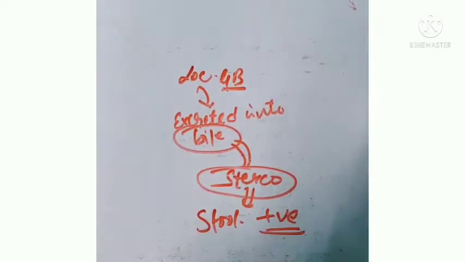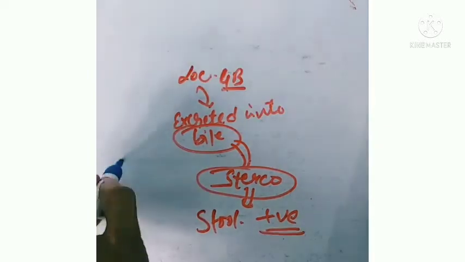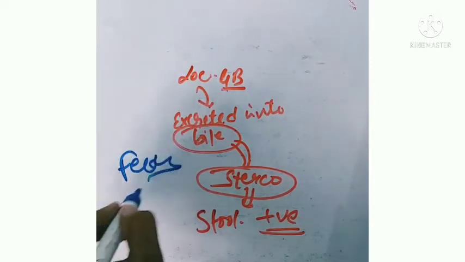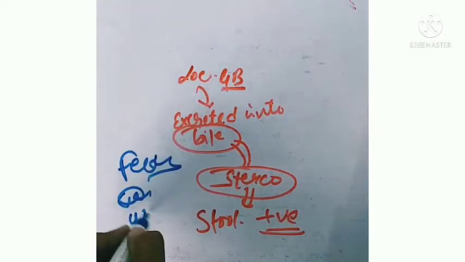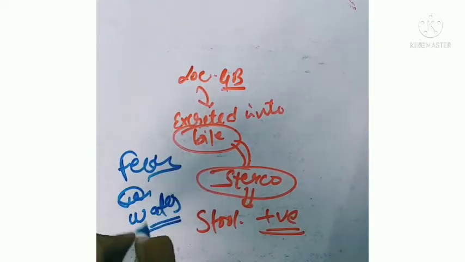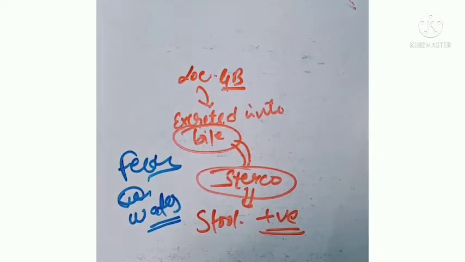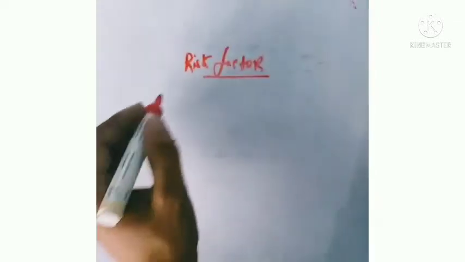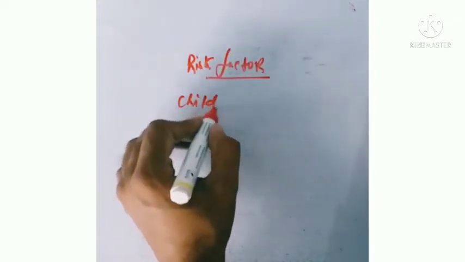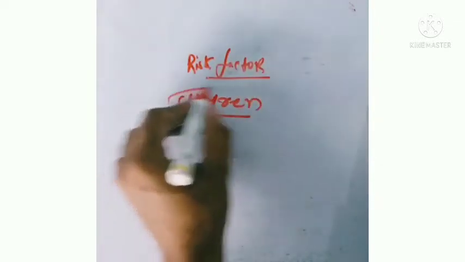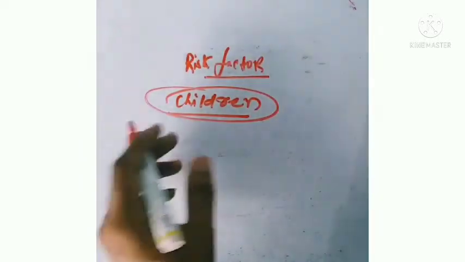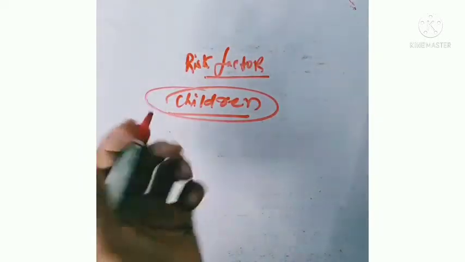The route of transmission for the bacteria will be fecal route, oral route, and water which is contaminated will lead to transmission of the infection. In the risk factor, children, चूंकि वो बच्चे होते हैं उनको उतना आइडिया नहीं होता है, इसलिए children they can take contaminated water or anything.